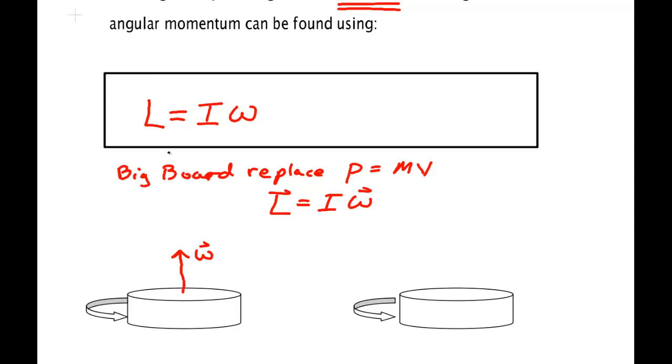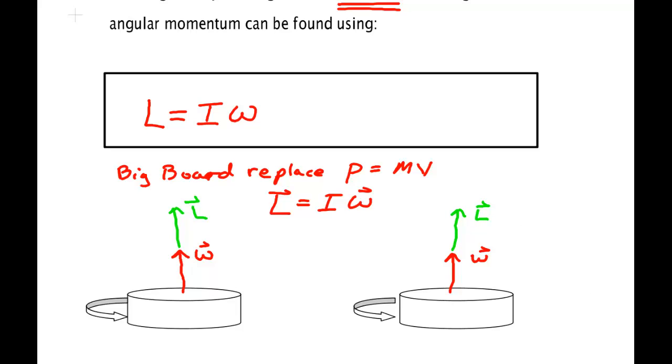This formula tells us that's also the direction of L. They point in the same direction. For the object right next to it, it has the same omega, and it has the same L.